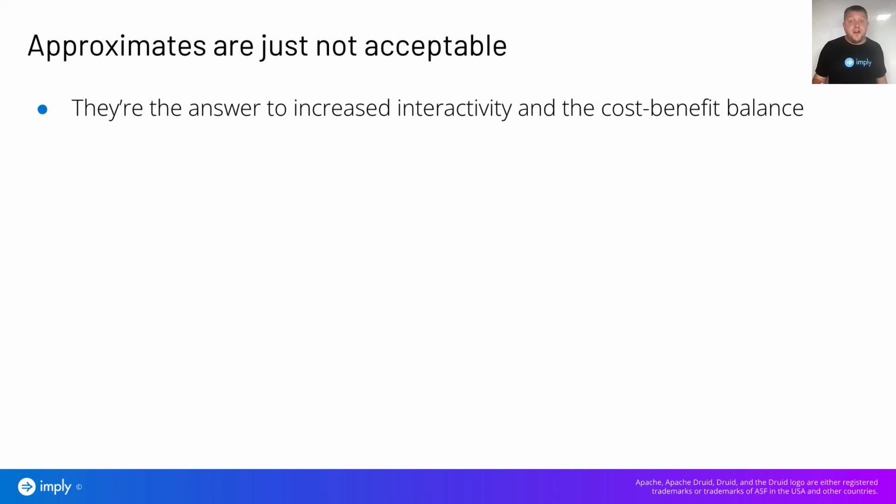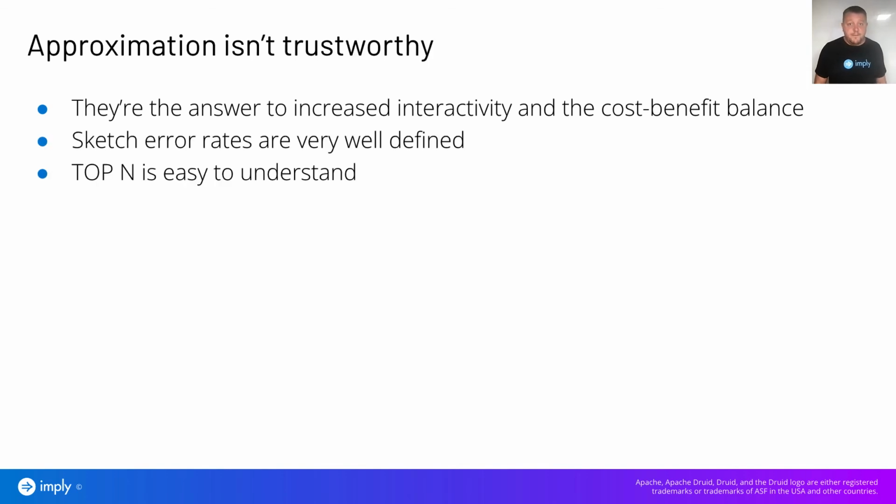At Imply, we find that Pivot's use of approximation is key to giving people that visual, exploratory interface that helps them explain what's going on and to be able to dig around in the data, looking at trends and doing comparisons over time periods.